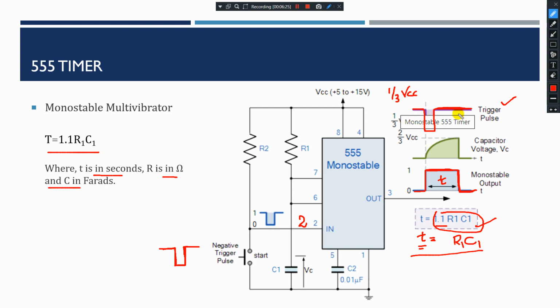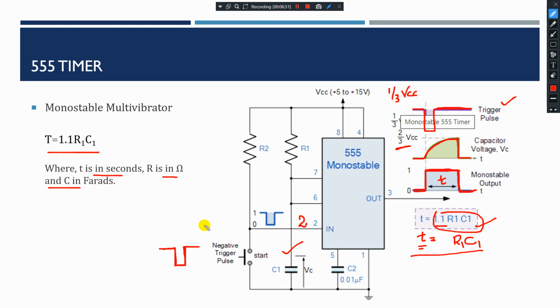When I give a low triggered pulse, your capacitor, which is C1, starts charging. Slowly it will charge until it reaches 2/3 of VCC. Until it reaches 2/3 of VCC, your output starts rising and remains high until your capacitor starts discharging.